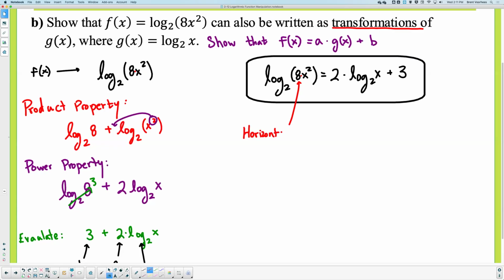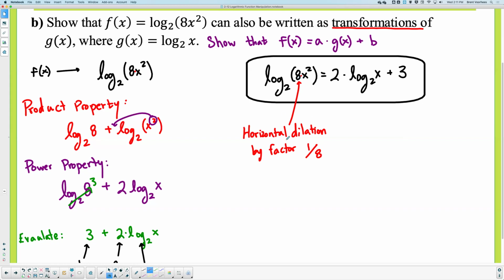Horizontal. It's multiplying. What word means multiply? Reflect, dilate, or translate? Okay, that's a horizontal dilation. And technically you would say by factor. Are your x's liars or truth tellers? Liars. So you don't actually multiply by 8. You divide by 8, so you'd say it's 1 over 8.